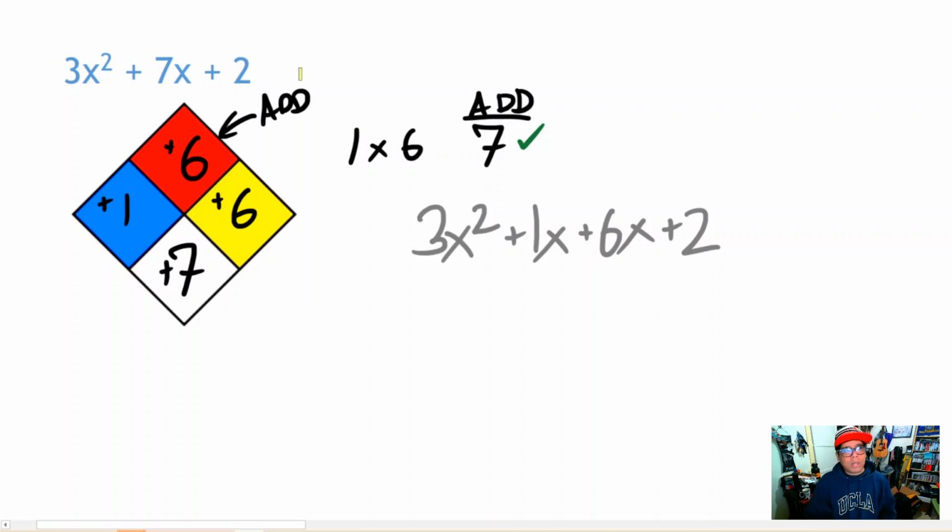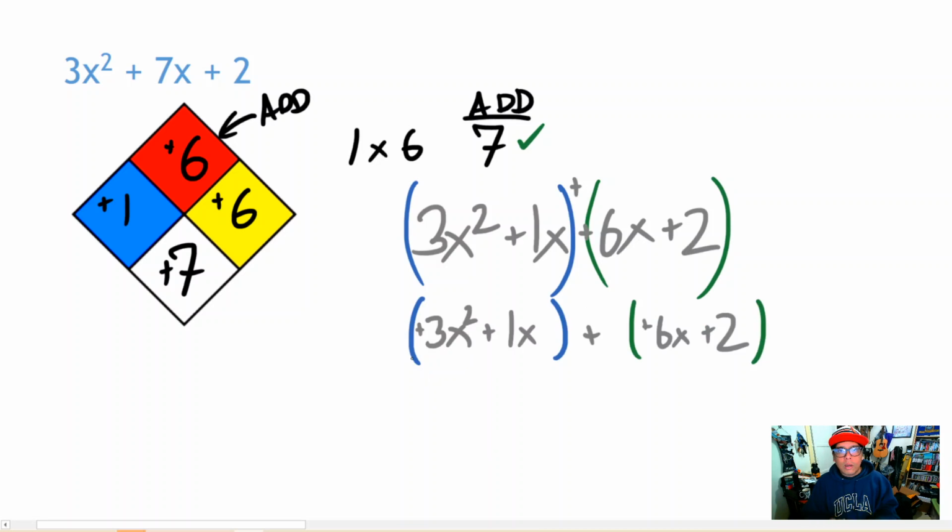Now that I have the middle term expanded out, I'm going to group. So I'm going to group this first one in blue, and let's group this second one in green. And between them, I'm going to put a plus sign. So what does it look like? Positive 3x squared plus 1x plus positive 6x plus 2.